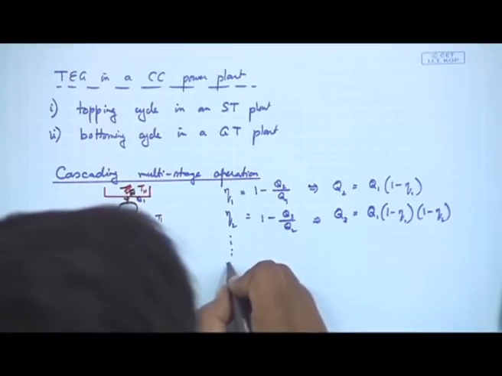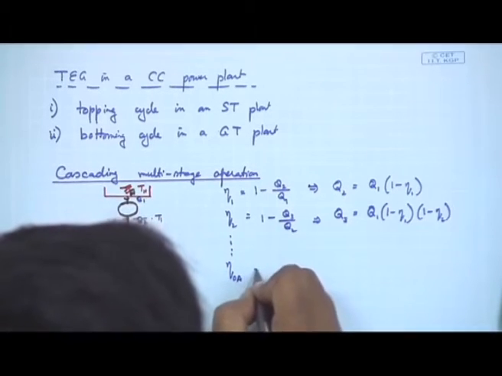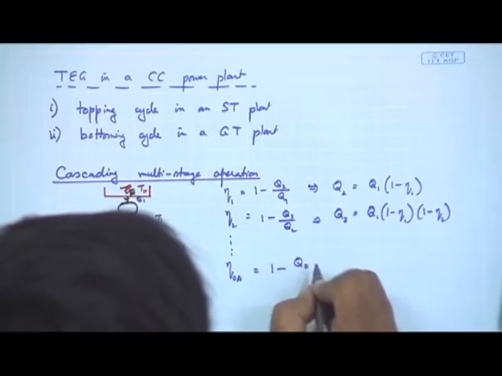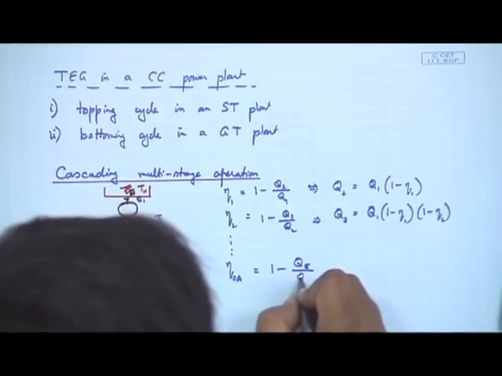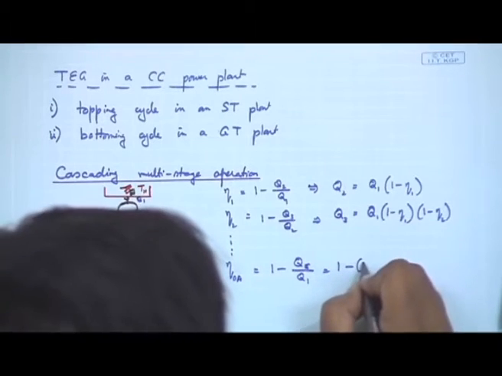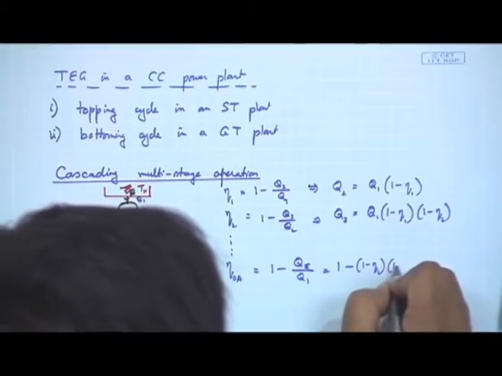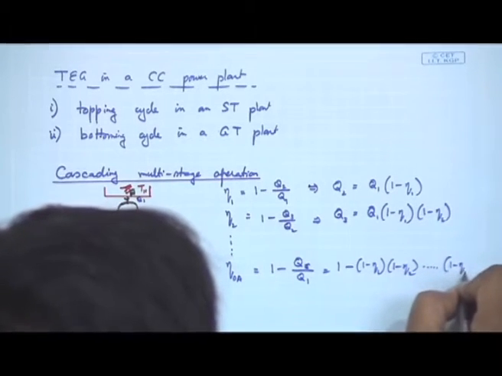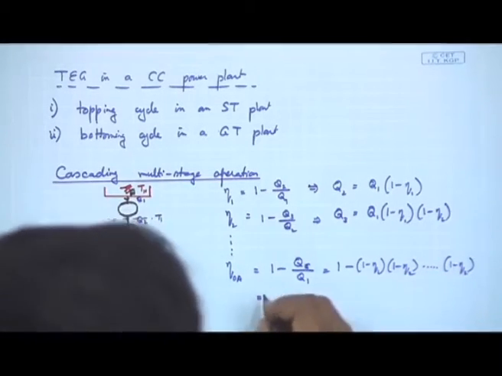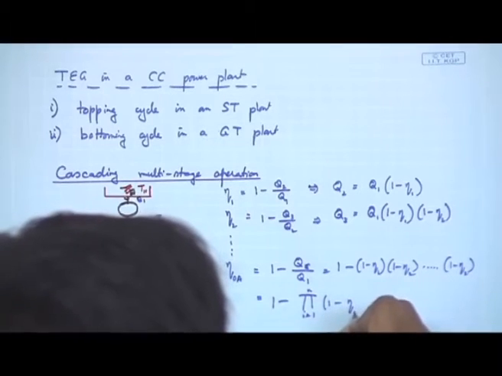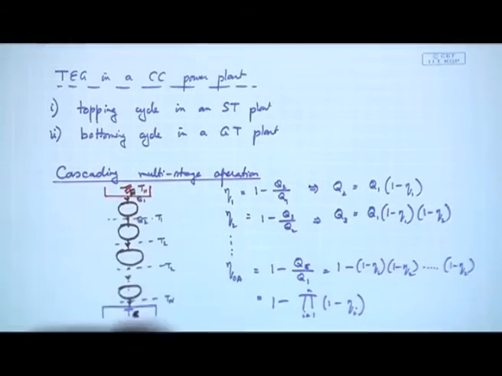and finally the eta overall is going to be 1 minus Qc over Q1, and this is going to be 1 minus eta 1, 1 minus eta 2, up to 1 minus eta n, or in other words 1 minus the product over i going from 1 to n of 1 minus eta i, right.